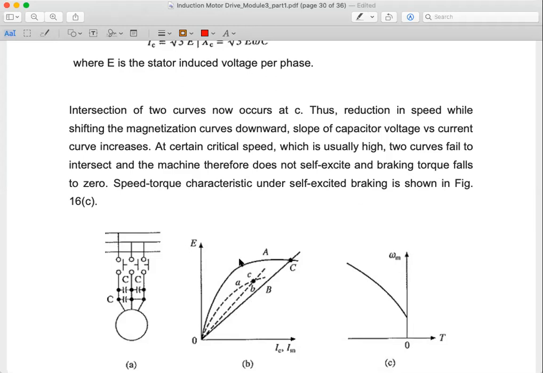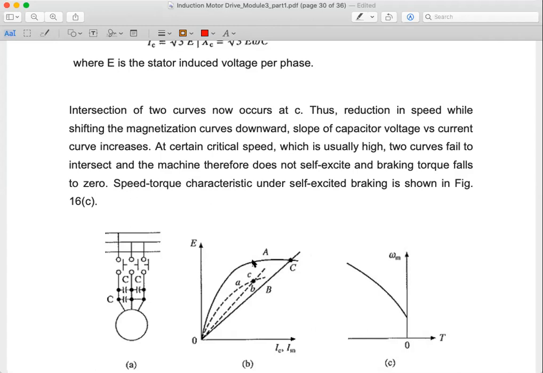So this is the magnetization curve and this is the current graph. The intersecting point is the operating point. When the speed reduces, this graph comes towards small a, and this capital B graph goes towards this side as small b. The intersecting point, small c, is the operating point now.